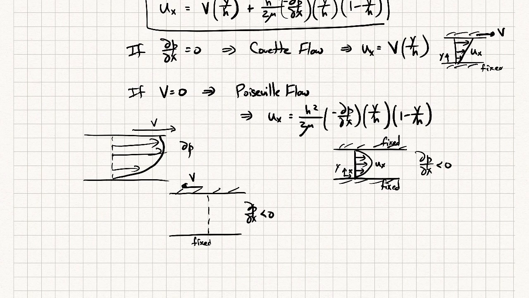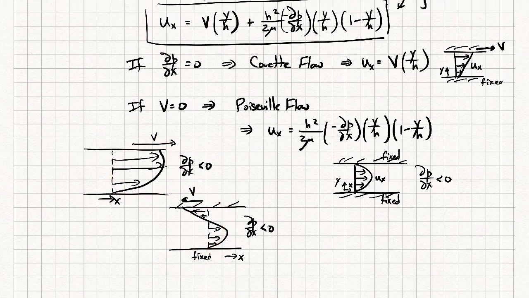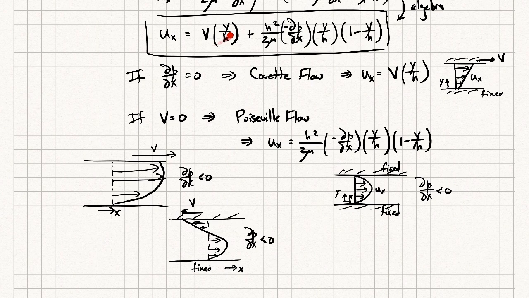It's the same in both of these, so that the fluid's being pushed in the positive x direction. So in that case, it might look something like this, where it actually reverses direction. So these kinds of more complicated velocity profiles occur for the Couette-Poiseuille flow because you have a combination of the linear profile and the parabolic profile.